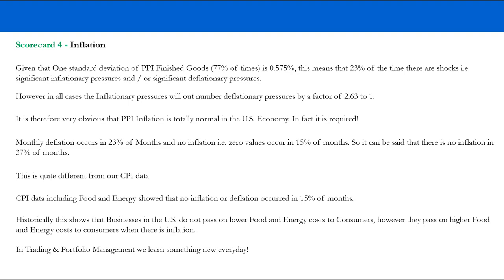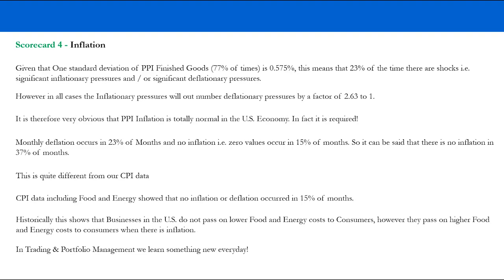So let's make sense of that. If in 37% of months we have business deflation or no inflation, and then at the same time in the CPI we have no inflation or deflation in 15% of months, this means that the lower prices are actually not being passed on in those months.